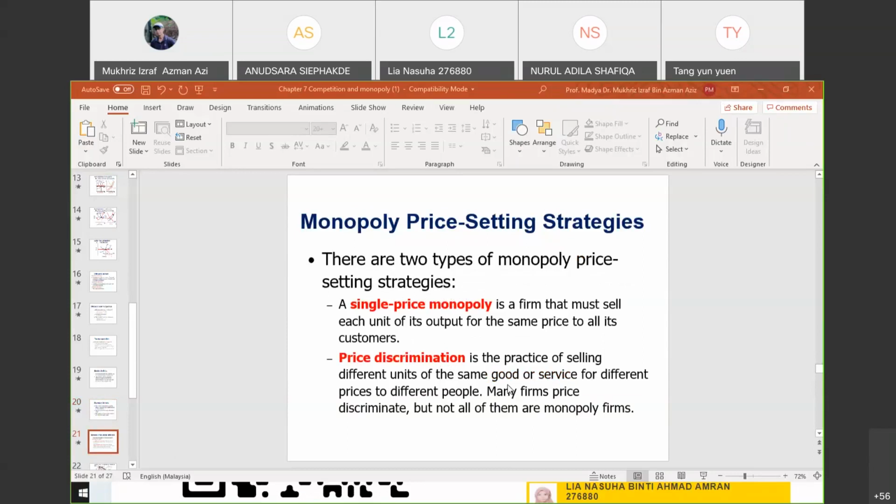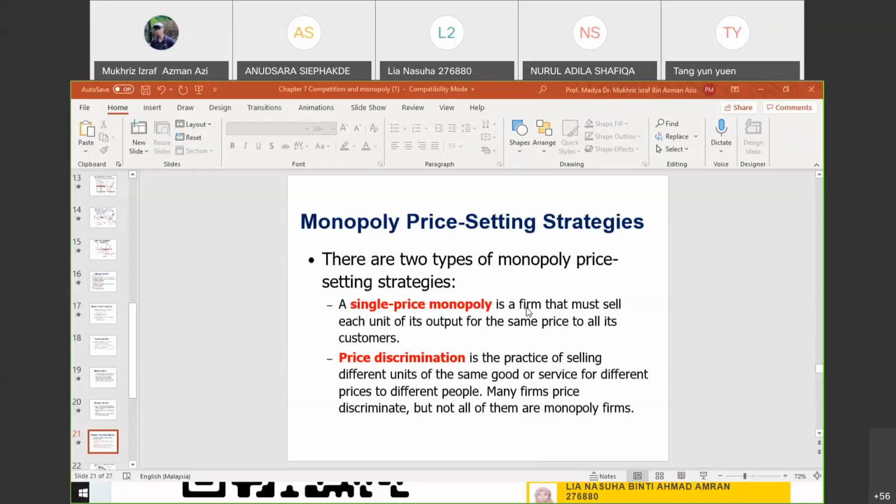For example, if you sell a product in KL, you may charge a different price than in Kedah, because the level of income for the residents in KL is higher, so the seller can sell a bit higher than in a place like Jitra.